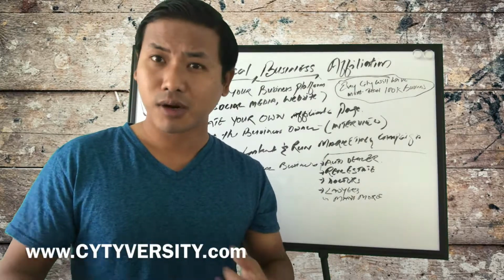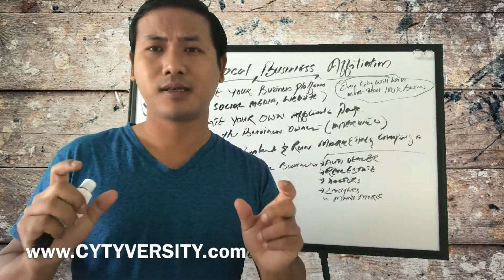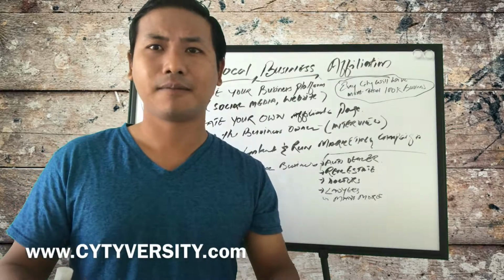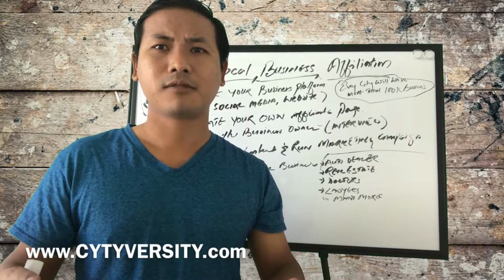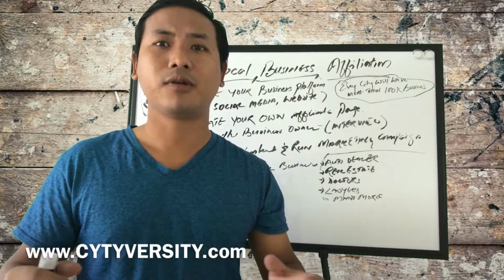So when you're trying to create your affiliate market, it is not just one particular sector of business line, but it is spread out. You want to maximize how many businesses you market in your city, right?